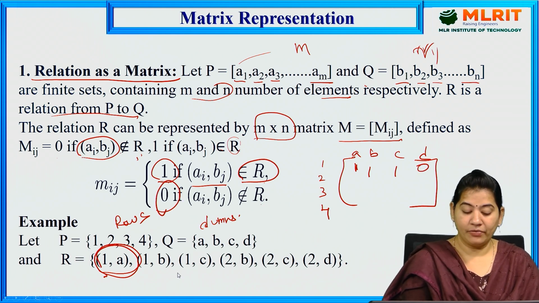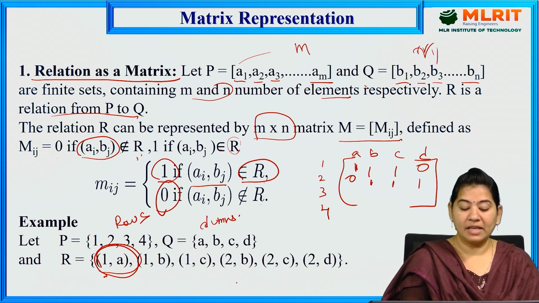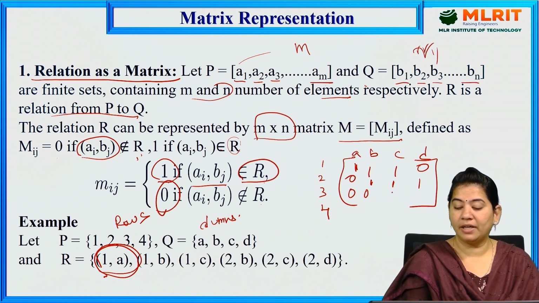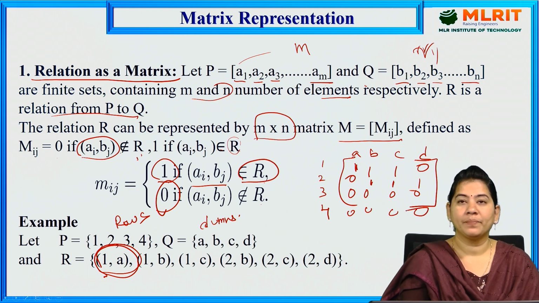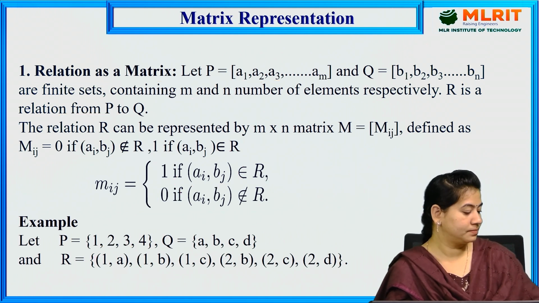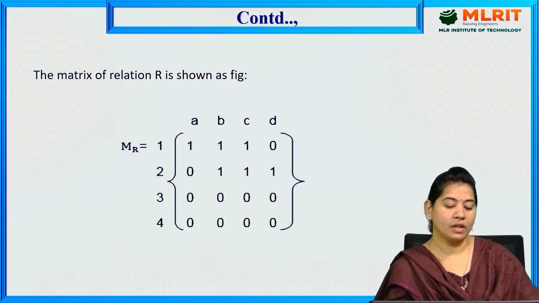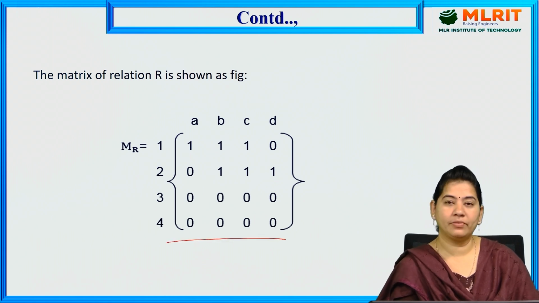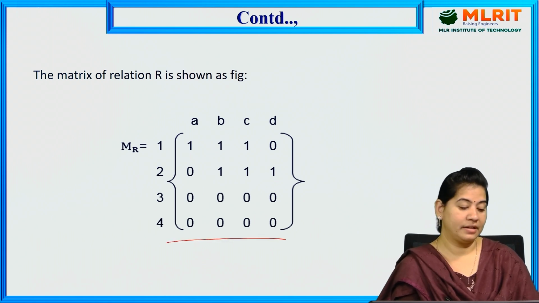In the same way, for 2B, 2B is 1, and 2A is 0. And 2C is 1, 2D is 1. And as we don't have 3 and 4, you have to write all zeros. So, this is how to represent the given relation along with the sets in the form of a matrix. Whatever we have done, this is the answer.